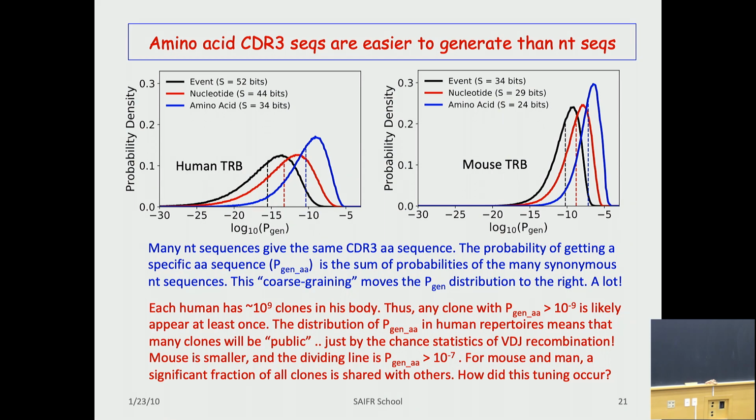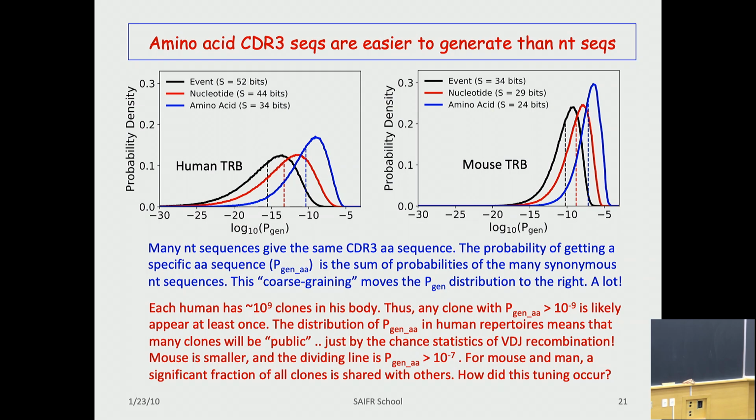The mouse genome is different. The number of insertions that mouse seems to want to make is smaller. So the generation probability of a typical mouse TCR sequence is to start with higher anyway, and then when you put things together to make the generation probability of an amino acid sequence, it moves really quite far to the right.